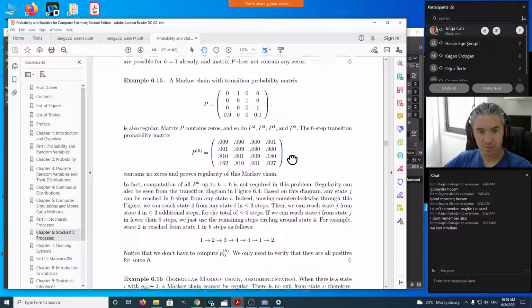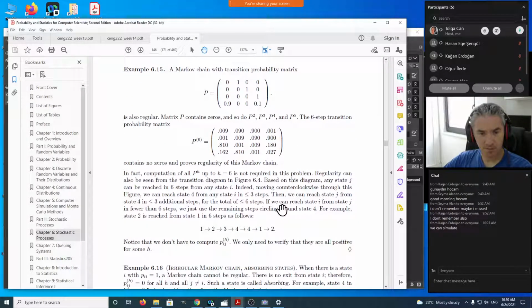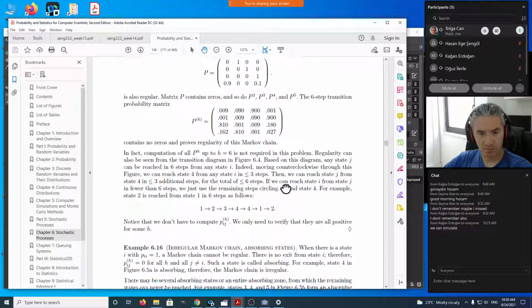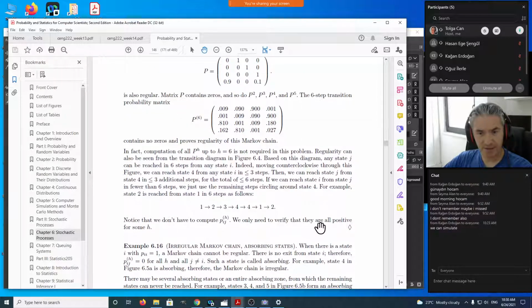Yeah. So the book says we only need to verify that they're all positive for some H, but what is this H going to be for big graphs? Can this H be large?